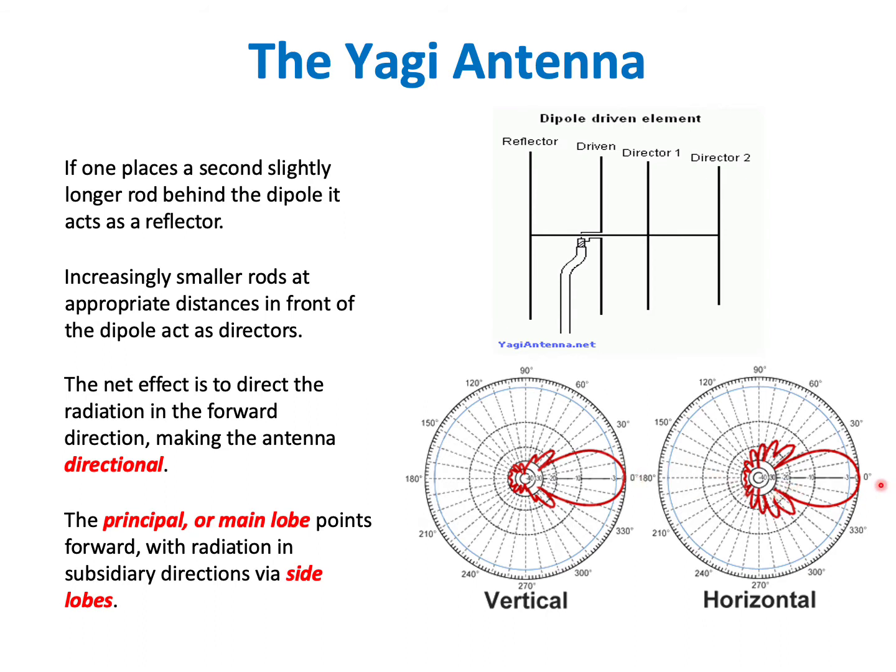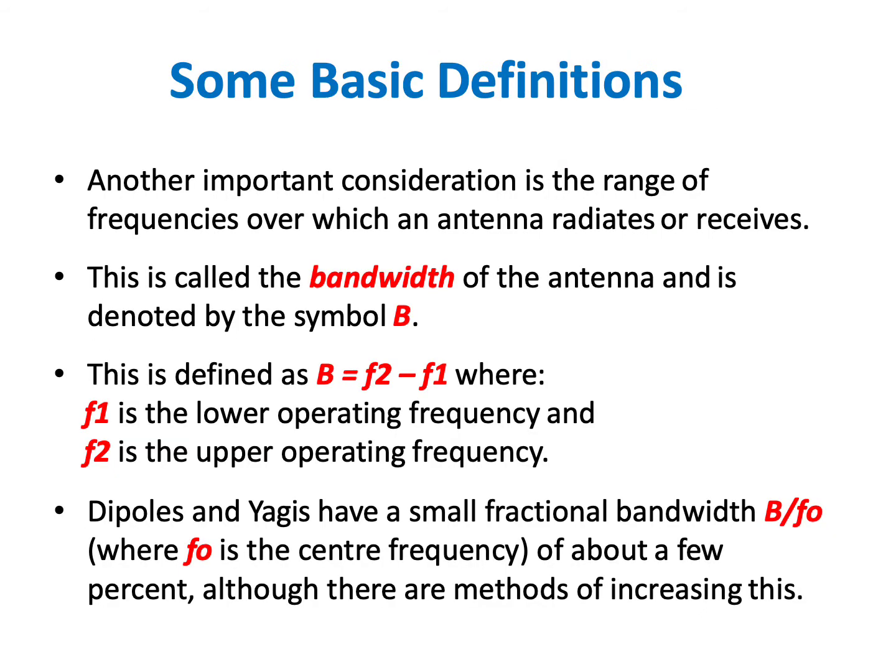These diagrams are done in relation to the main beam, which has the maximum amount of power. And then you have what are known as side lobes. The antenna is very sensitive in front of it, but it also is slightly sensitive at points off to the side, and a little bit behind it, but not much. These areas of increased sensitivity off to the side are called side lobes.